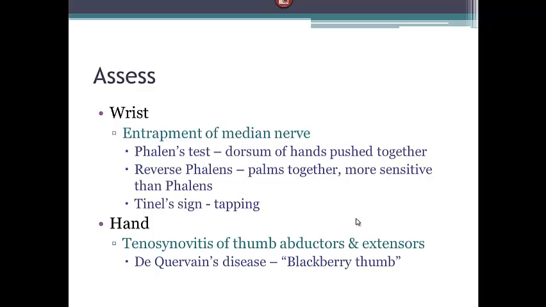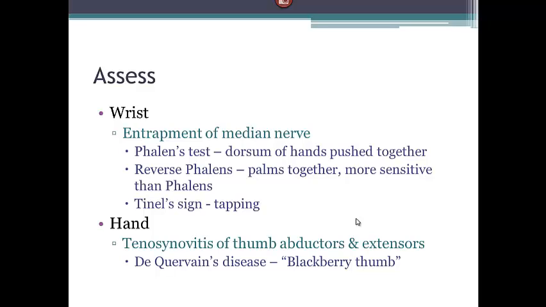And we have different signs that are very important to approach. These are the Phalen test and the Tinel test.